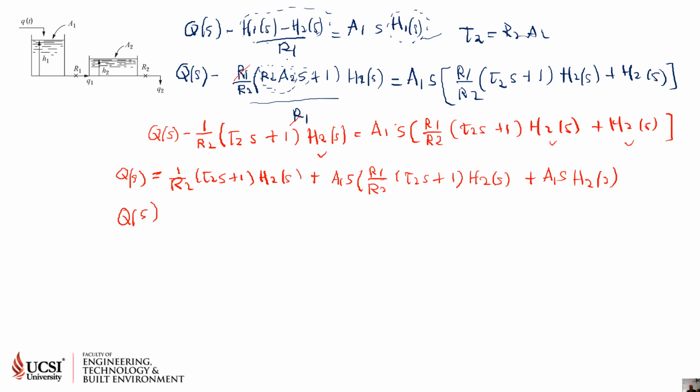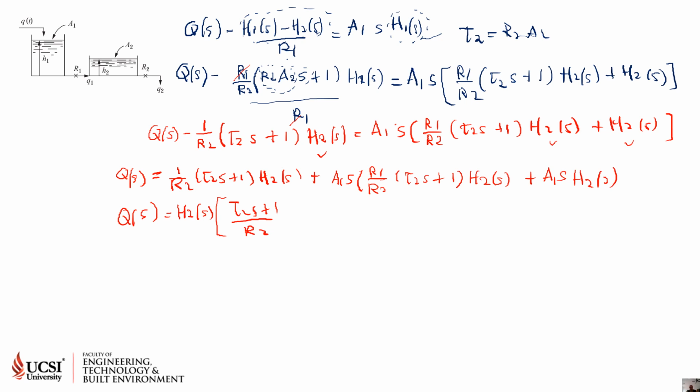So I try to factorize everything here. Qs, it's quite a lengthy derivation. H2s, factorize everything here. So this one I can write as tau 2s plus 1 over R2.